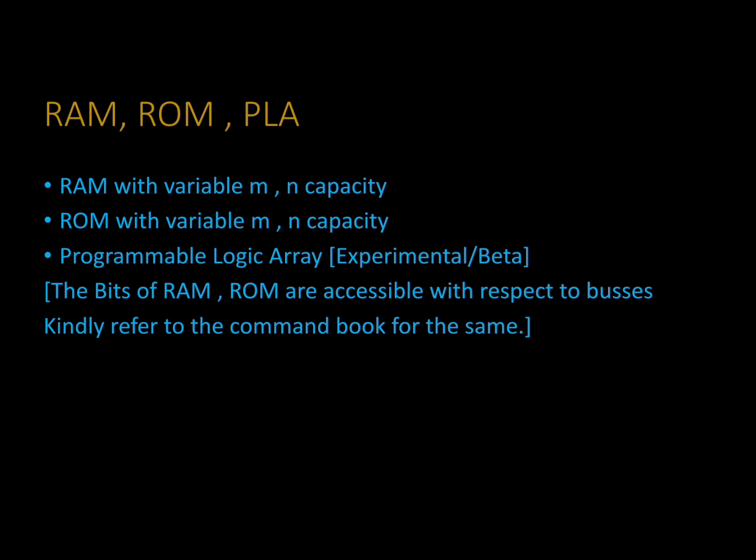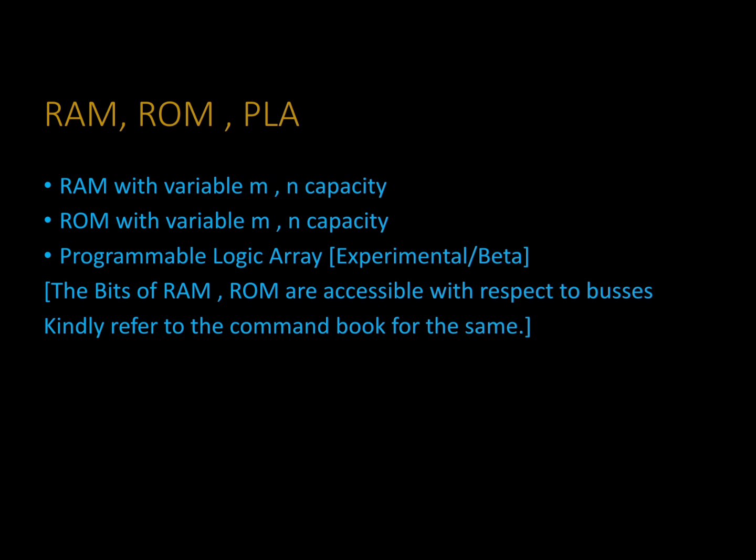RAM, ROM, and PLA. RAM with variable MN capacity, ROM with variable MN capacity, programmable logic array. The data stored in RAM and ROM can be accessed to print the values and can be used in other devices in a form of bus.